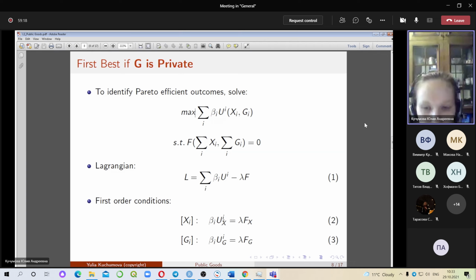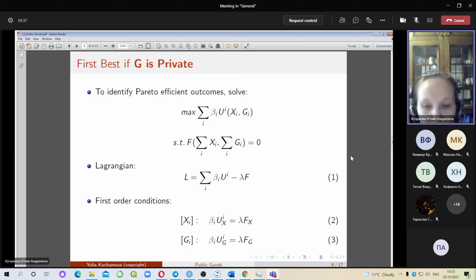And where does the sum go from the Lagrangian? We maximize with respect to xi, and only one term in this sum depends on this xi.